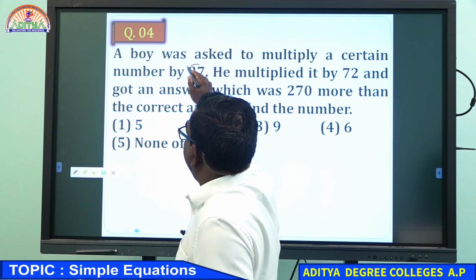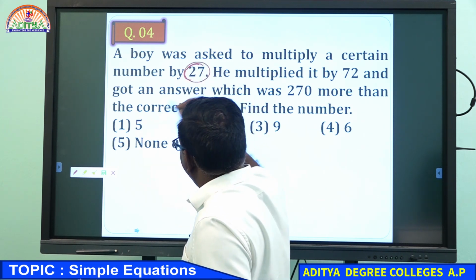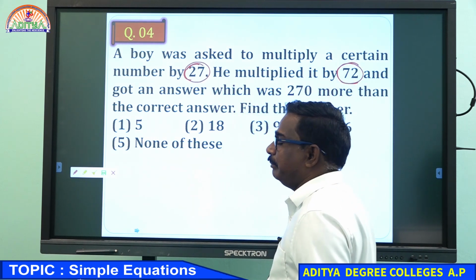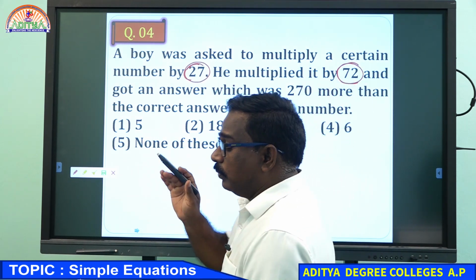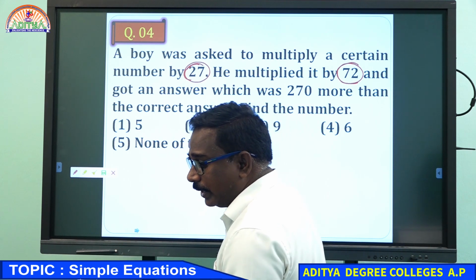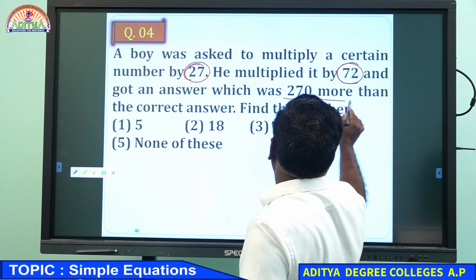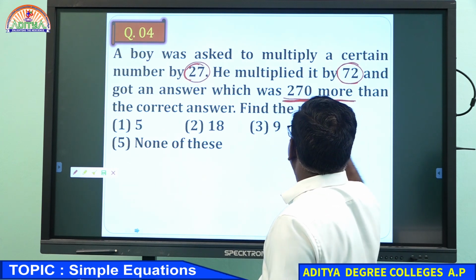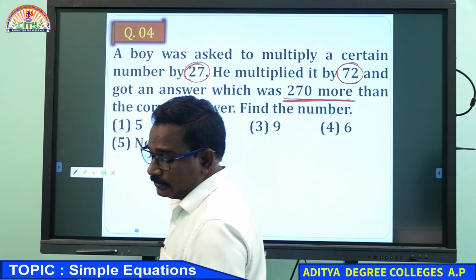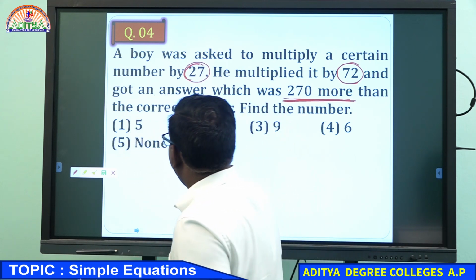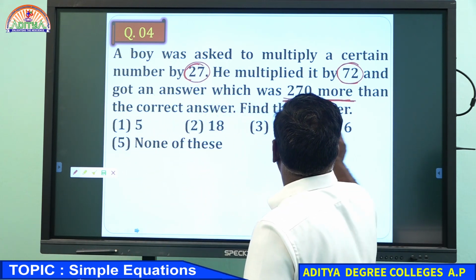Actually he was asked to multiply by 27, but he reversed it and multiplied by 72. Because of that, he got 270 more than the correct answer. The wrong answer differs by 270. Now find the number.